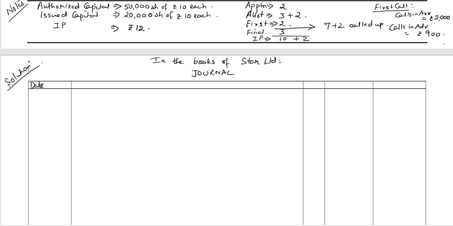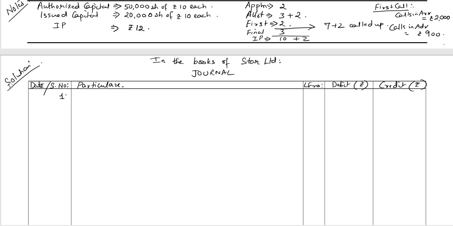Date, serial number. We have the particulars column, LF number, debit rupees, and credit rupees.